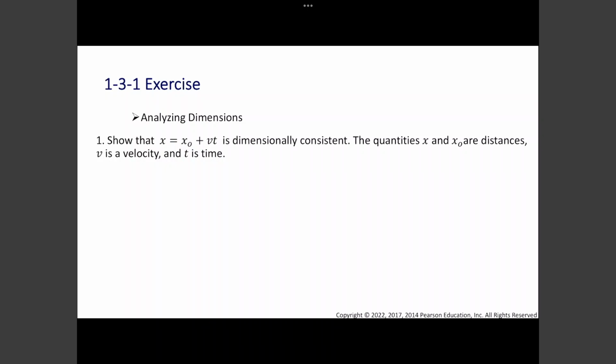So how can we convert this into dimensional units? x is equal to x naught plus vt, and x is a distance or a length, so we can use square bracket L. It is equal to L, since x naught is again a length, plus v, which is velocity, length divided by time, L over T, times t, which is just T.